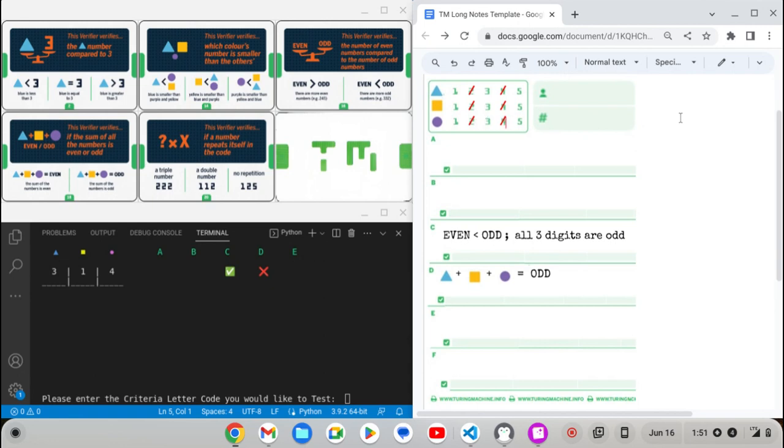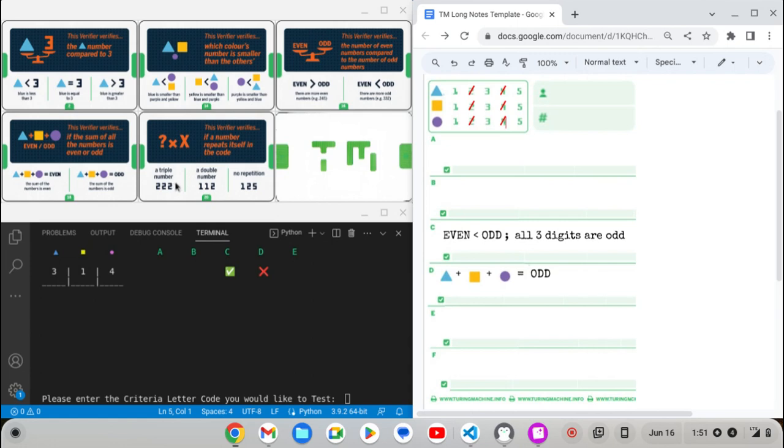So let's see, what other card will help us? We do have this criteria card F that'll let us know if they're all unique, perhaps there's a double, or maybe even a triple. Well, let me say the following.